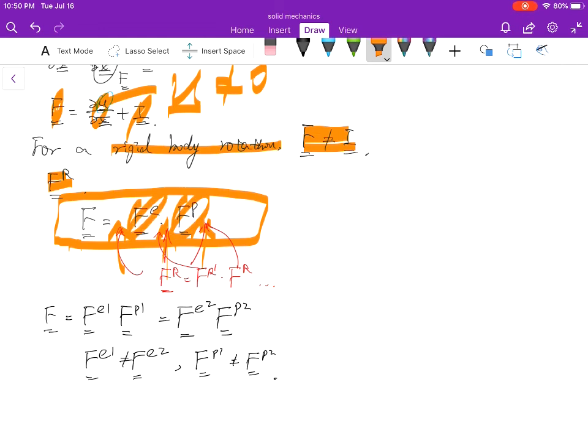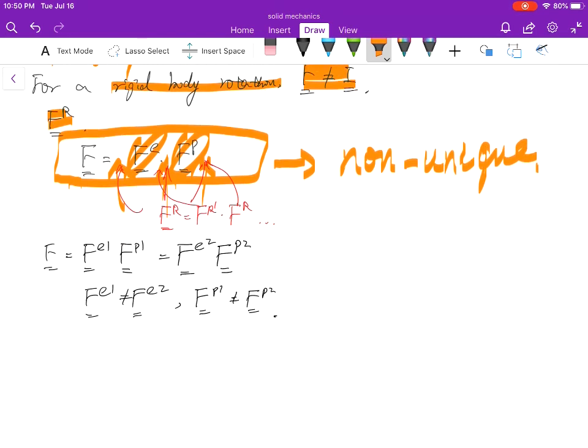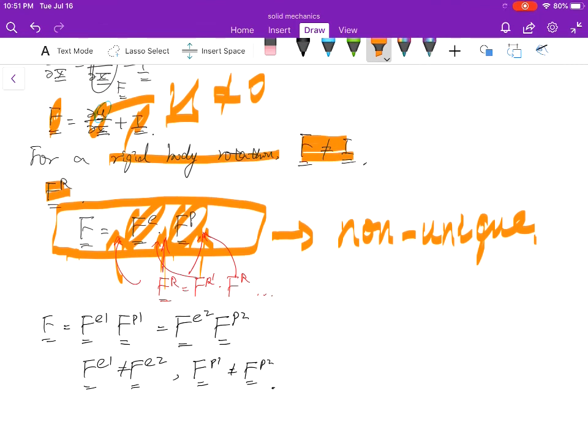Because of this, the decomposition is non-unique. And some people prefer to put the rigid body rotation part in the elastic part, and some of them prefer to put the rigid body rotation part in the plastic part. This is just up to personal preference.